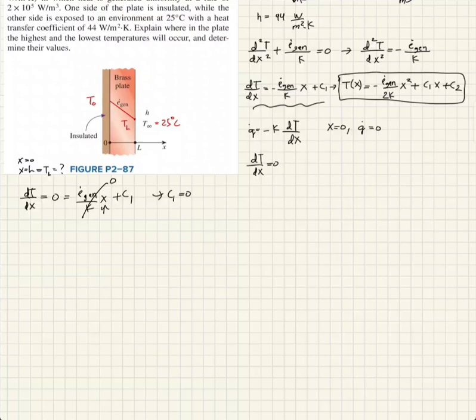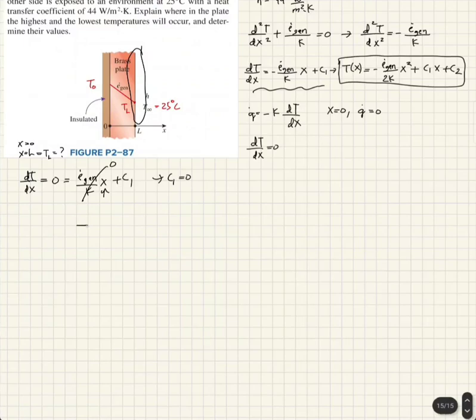Now to get TL, we know that at the surface, the heat that is being conducted is the heat being convected away. How do we write this?